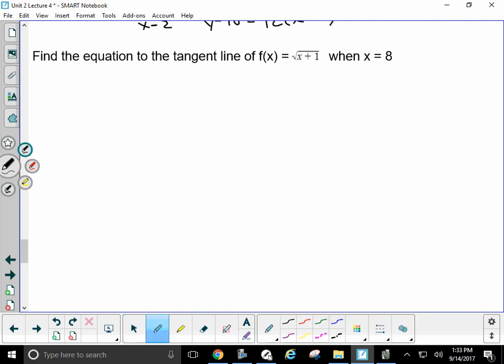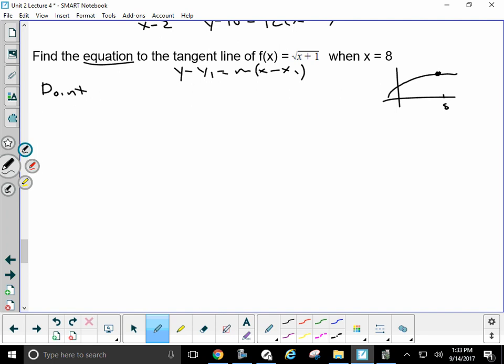So again, we want to find an equation. My end game is y minus y1 equals m times x minus x1. Might as well do the easy stuff now and find the point. Okay? Now again, remember, we have a function. We are looking at 8.